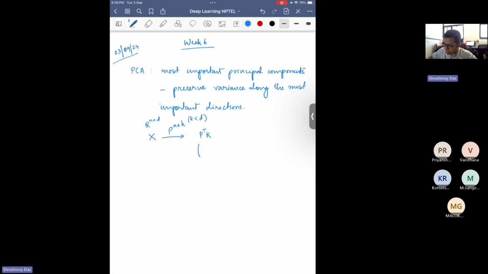what will be the size of P transpose X? Anyone? You need to understand these dimensions, right? Because then you can make decisions whenever you are trying to design some algorithm or design an architecture.